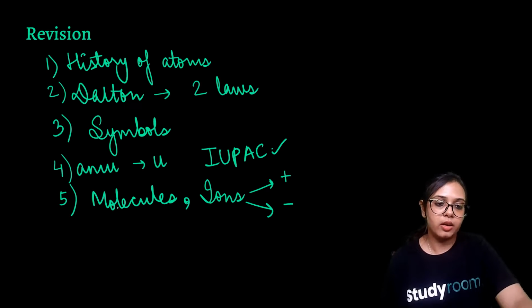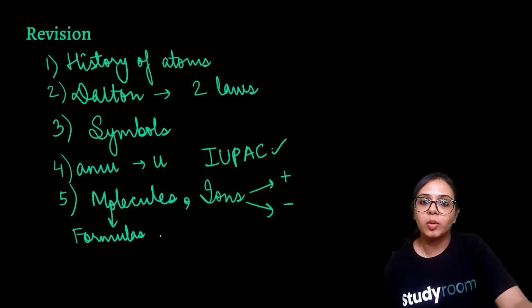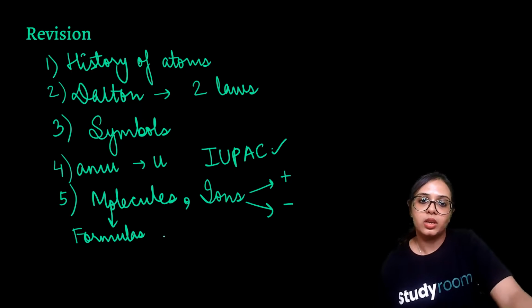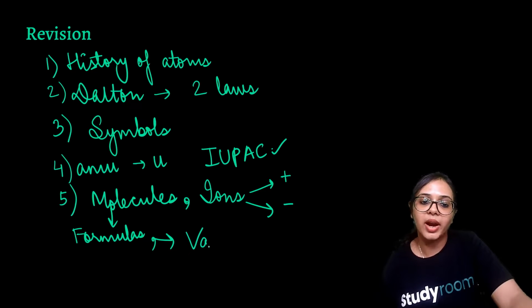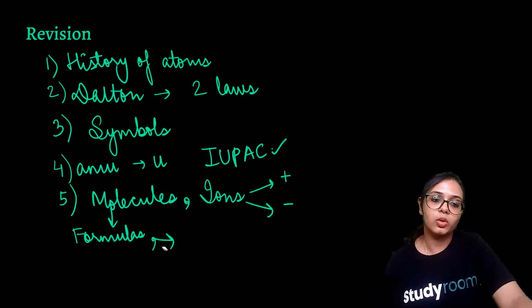Then we learned that molecules can be represented by formulas. We have different formulas to represent molecules, and how can we determine how a formula is to be written? That can be determined by the combining capacity of a specific atom. And how do we do that?